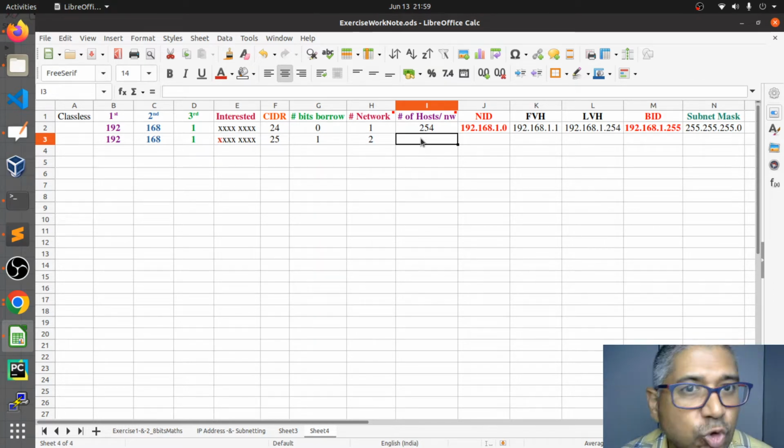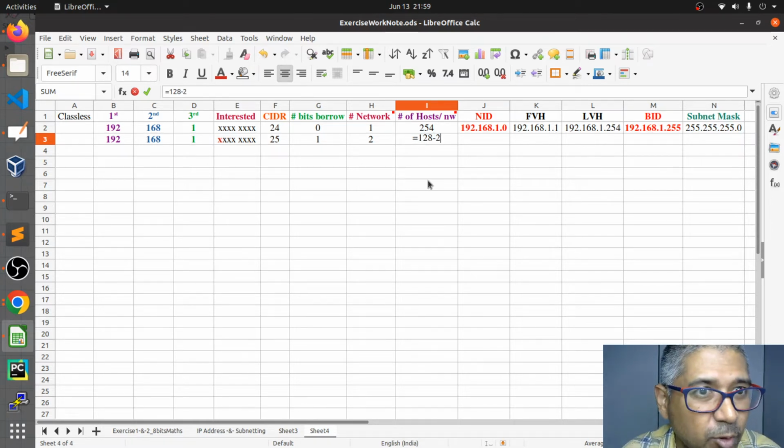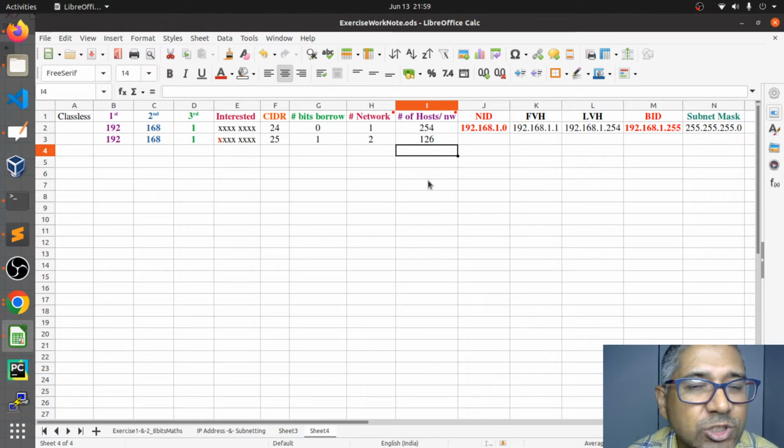Excellent. 2 to the power 7, what is the value? 128. Excellent. From 128 I have to remove how many IPs? 2, one for network and one for broadcast, in every network. So in one network, how many hosts? 126.